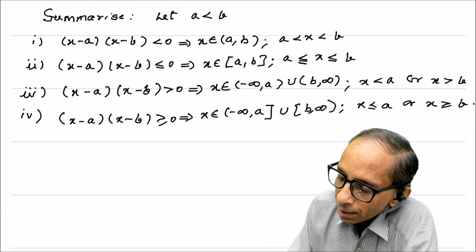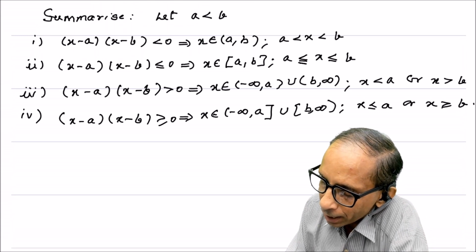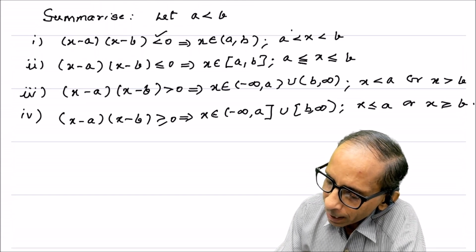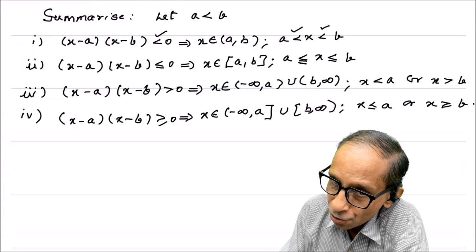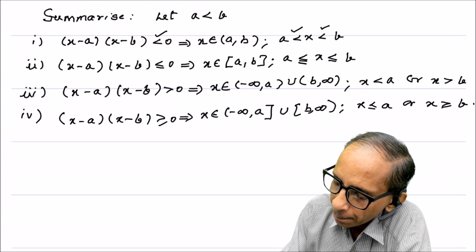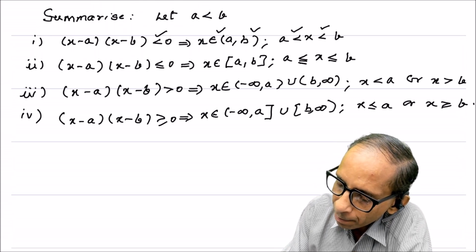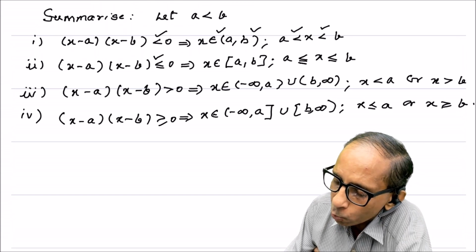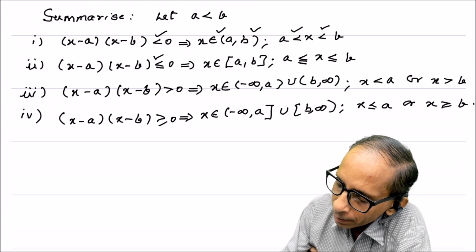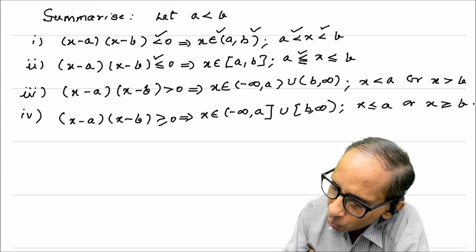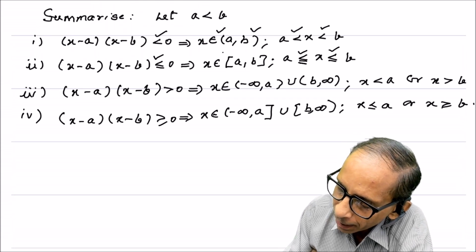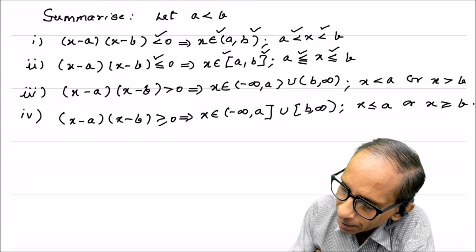Let us now see the similarities and where the variations occur. If we had less than, then in that case we had less than strict inequality, and the brackets were open brackets. But if it was less than or equal to type of inequality, then the same thing less than or equal to came into picture, and the brackets became closed brackets here.